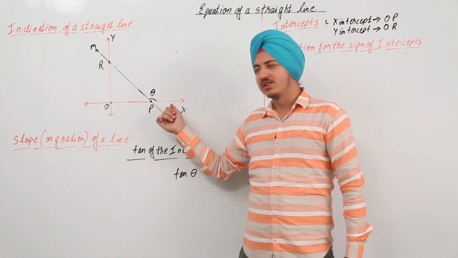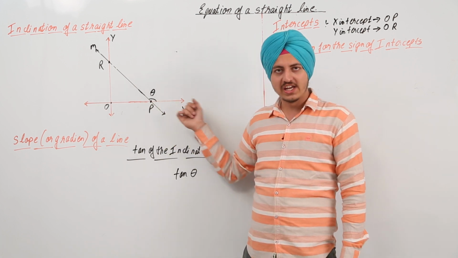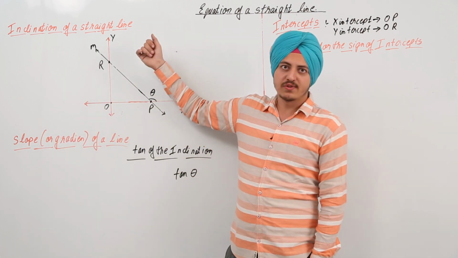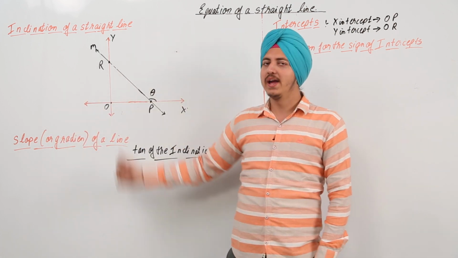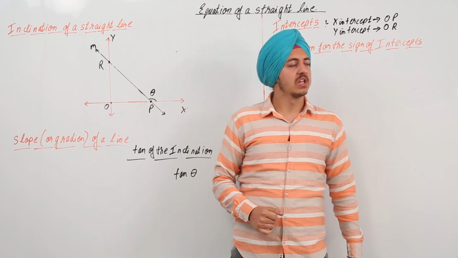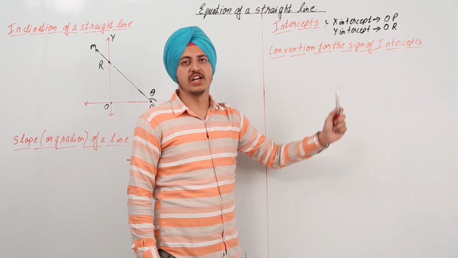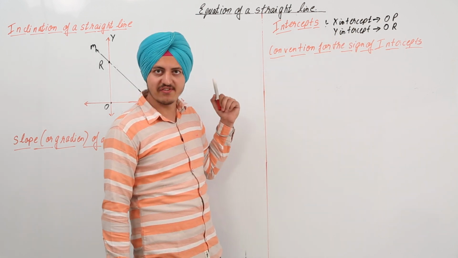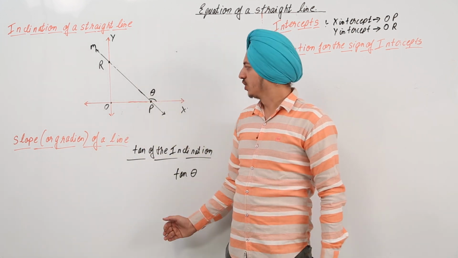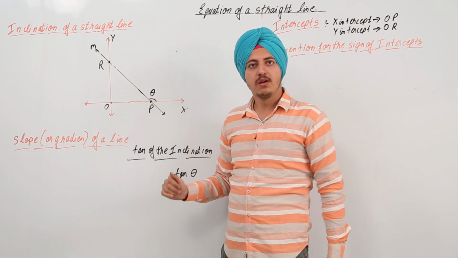Anything that is towards the right of the origin on the x-axis is positive, left of the origin is negative, upward from the origin is again positive for y, and downward from the origin is negative y, right? In the same way, x-intercept, if it is towards the right, is positive. If it is towards the left, it is negative. Y-intercept towards up is positive, towards down is negative. So in this, both x and y are positive.